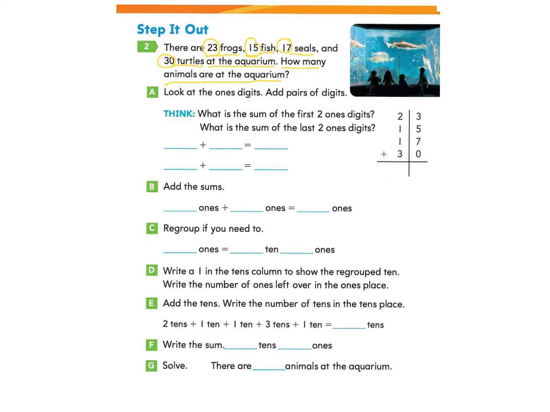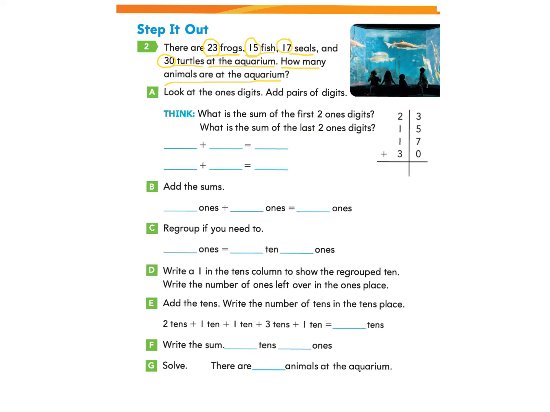So first thing we're going to do is look at the ones digit. We are going to add pairs of digits. So I see here that there is a 3, a 5, a 7, and a 0. We want to think, what is the sum of the first 2 one digits? And what is the sum of the last 2 one digits?